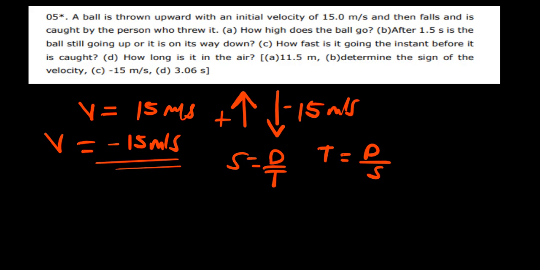Okay, this won't help. v is equal to u plus at. This v is 0, right? Okay, so to make our t the subject of the formula, what are we going to have?